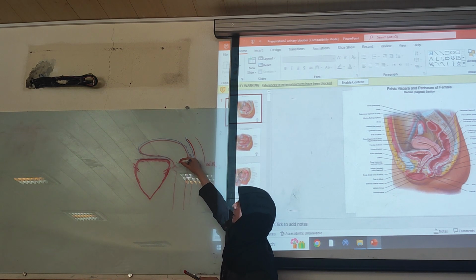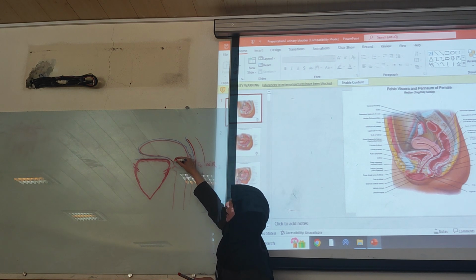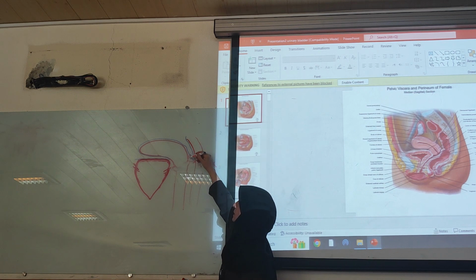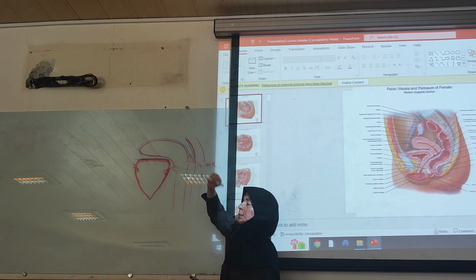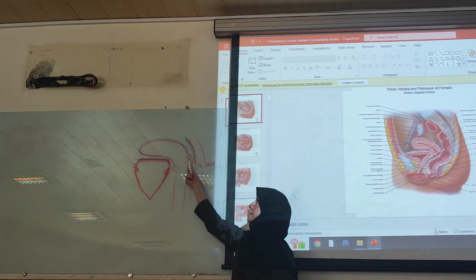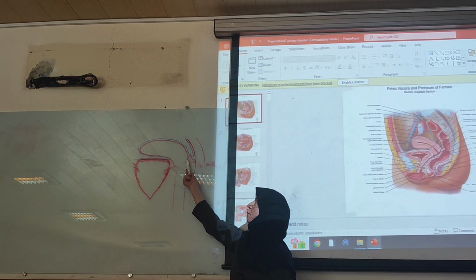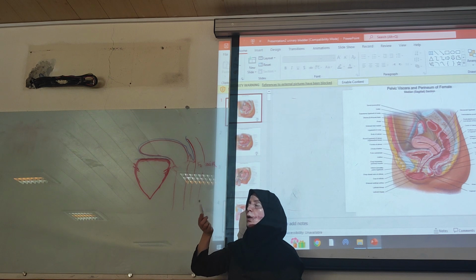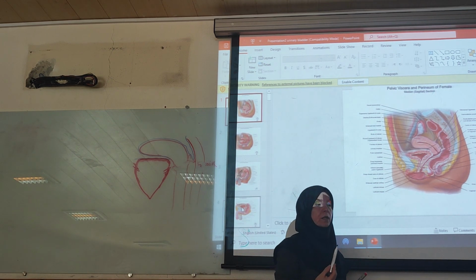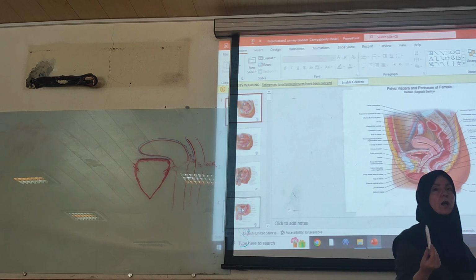So look at the cervix. Anteriorly never covered by the peritoneum, but posteriorly covered by the peritoneum. And what's the name of this space? Fornix. Fornix space.